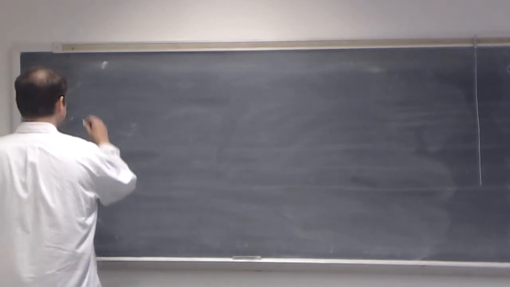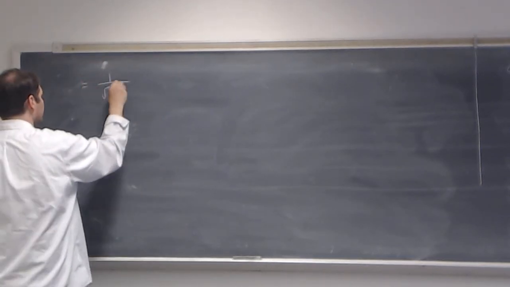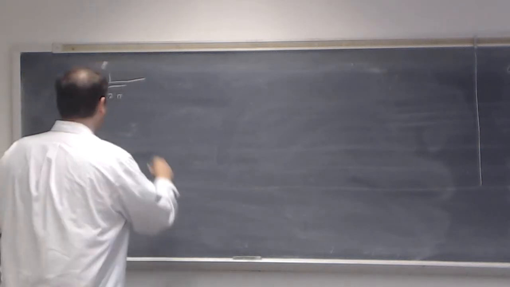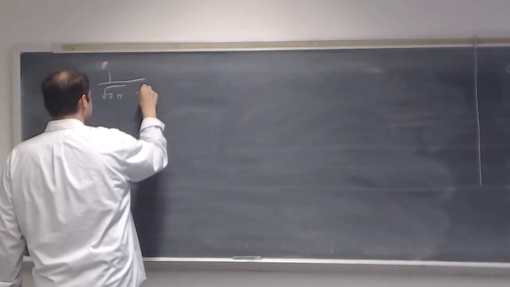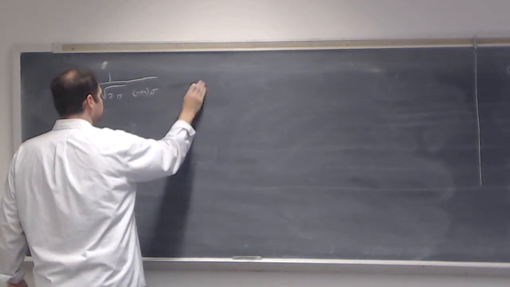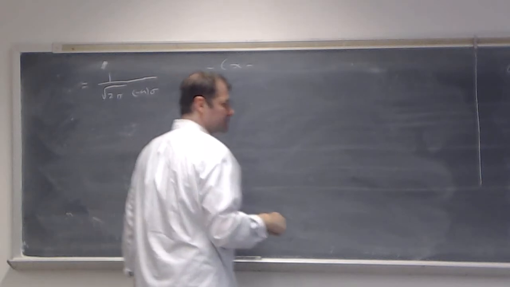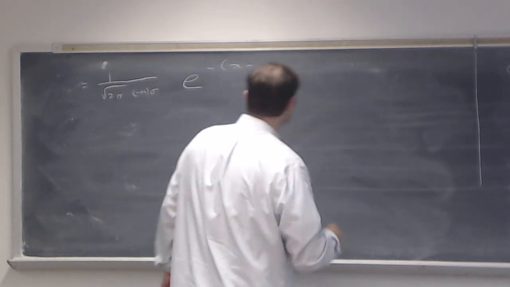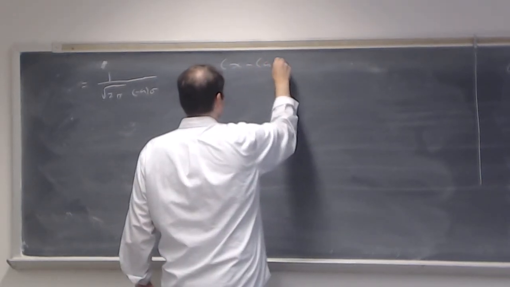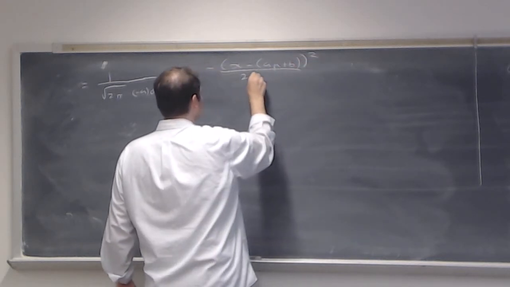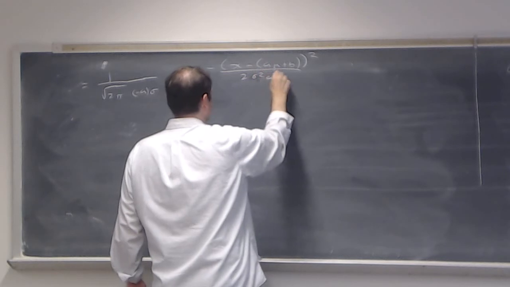So that's equal to 1 over the square root of 2 pi, minus a times sigma. Here this would be e to the minus, x minus the quantity a times mu plus b, all of that squared, over 2 sigma squared a squared.